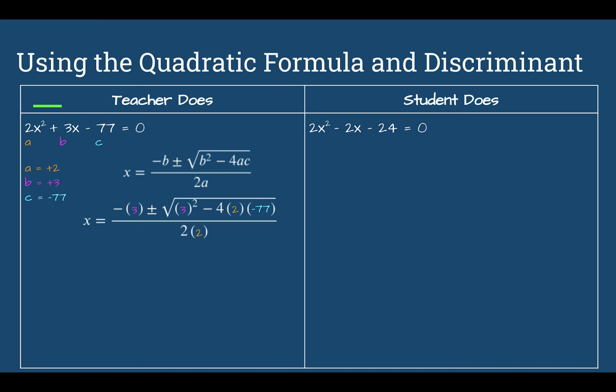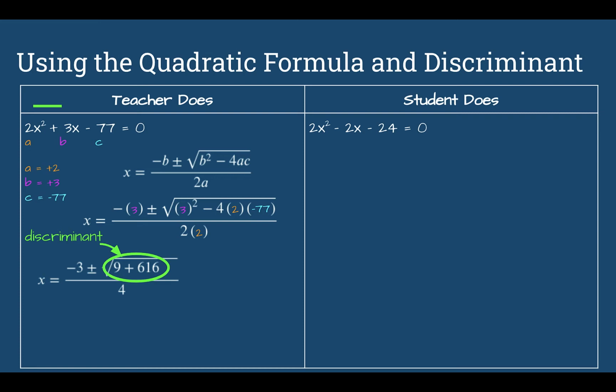From here, we're just going to simplify it out as much as we can. I'm going to start inside the square root. So 3 to the second power is 9, and then negative 4 times 2 times negative 77 is positive 616. And while we're thinking about it, remember, the inside of that square root is called the discriminant.